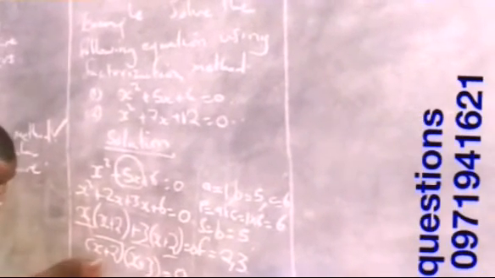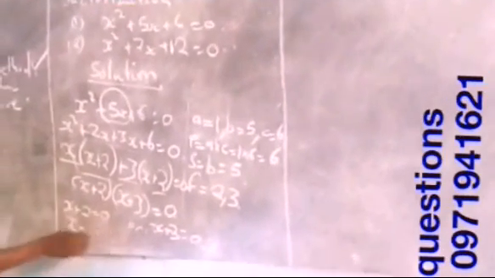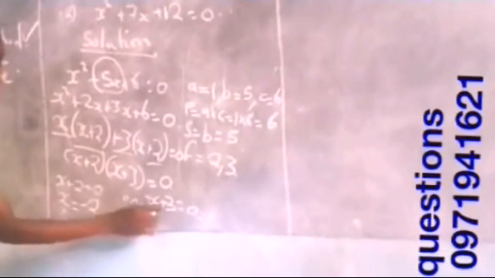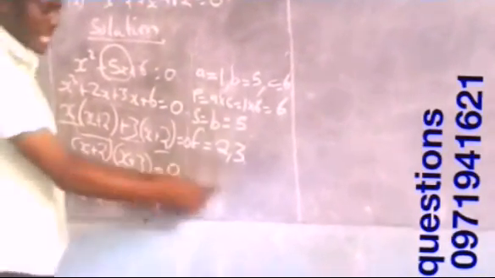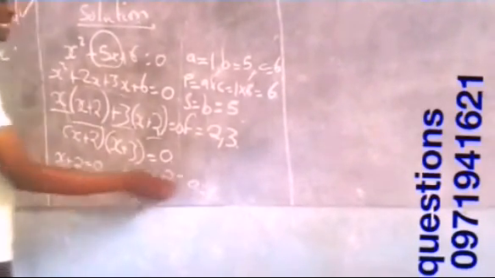To solve this now, you equate each bracket to 0: x plus 2 is equal to 0, or x plus 3 is equal to 0. When you solve the first one, x is equal to negative 2. For the other one, when you take the 3 to the other side, it changes sign and becomes negative 3.